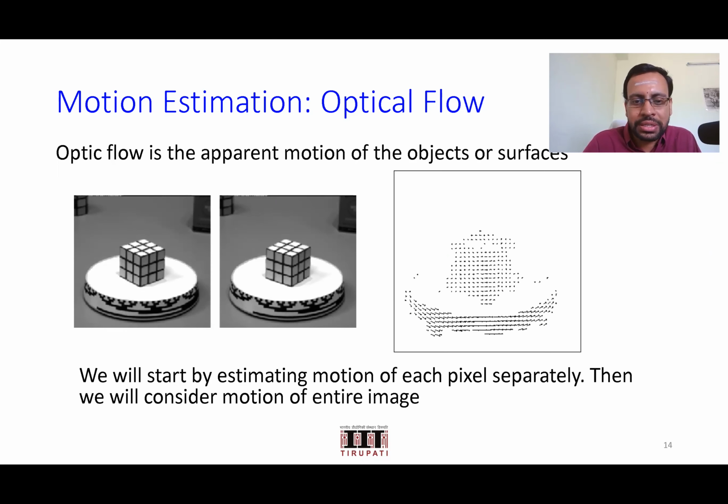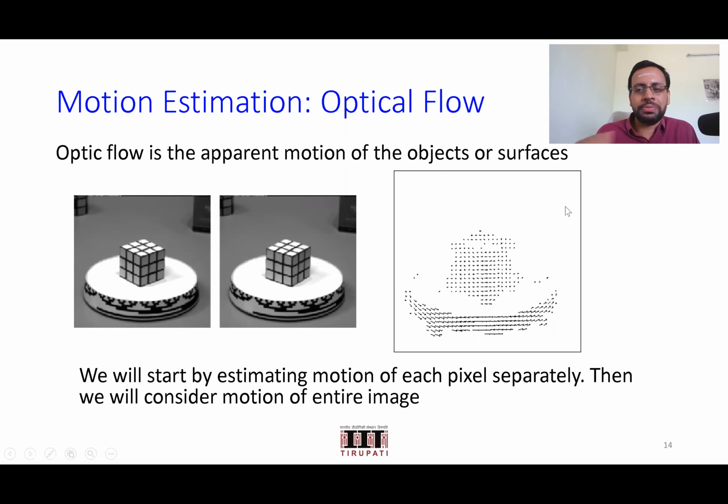Here you assume the optical flow is the apparent motion of objects or surfaces. So when you are looking at the pixel based movement, not always is this going to represent the motion.